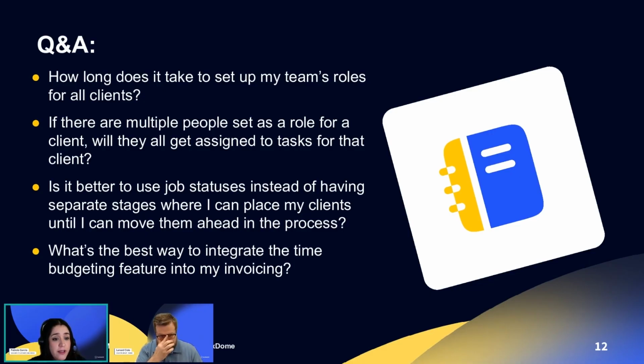All right, so next question, if there are multiple people set as roles for a client, will they get assigned to the task for that client? Yes. Earlier, I showed you that there can be 2 team members assigned as reviewers, for example.